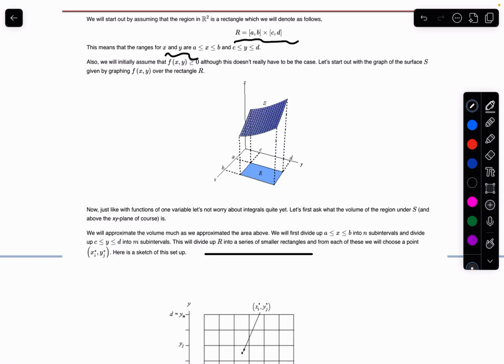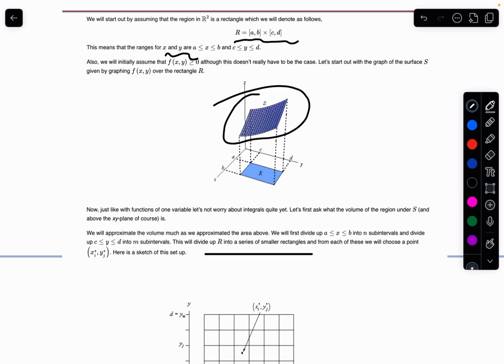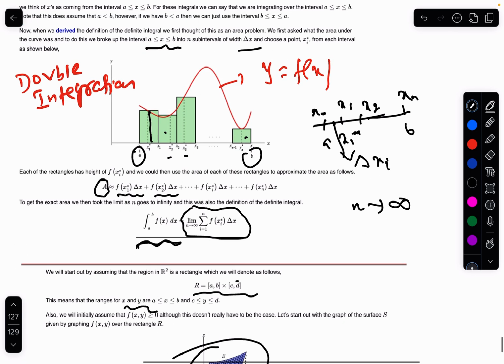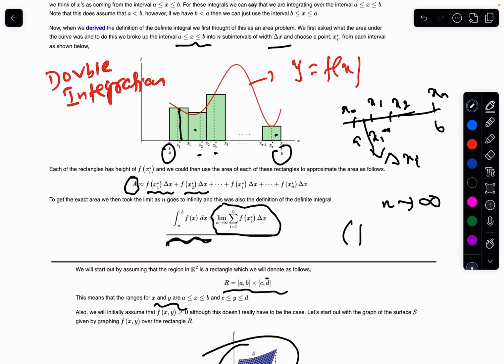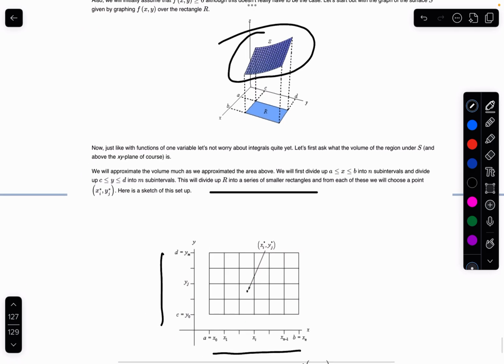So we have that surface, and on the x-axis we have a b, on the y-axis we have c d. So we have a b cross c d. So instead of these kinds of subintervals, we have it like this.